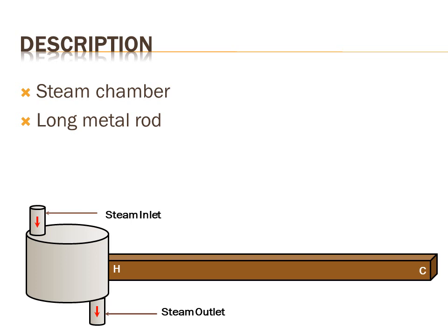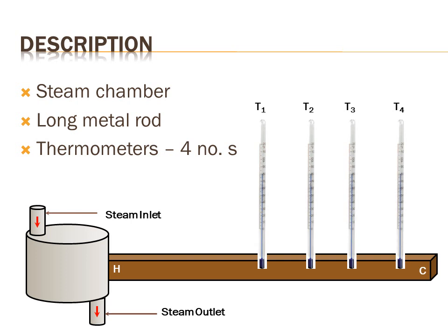One end of the rod is enclosed within the steam chamber and the other end is left free. A number of provisions are made in the rod at equal distances in which thermometers are inserted. A small quantity of mercury is poured in each provision to have a good thermal contact between the rod and the thermometers.